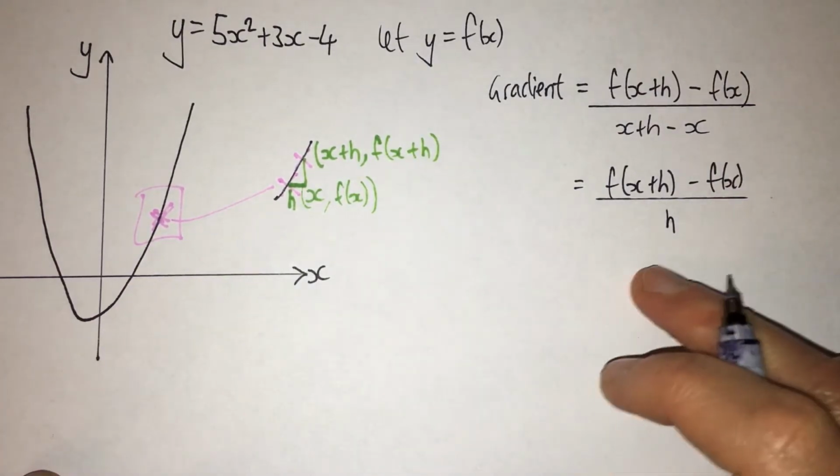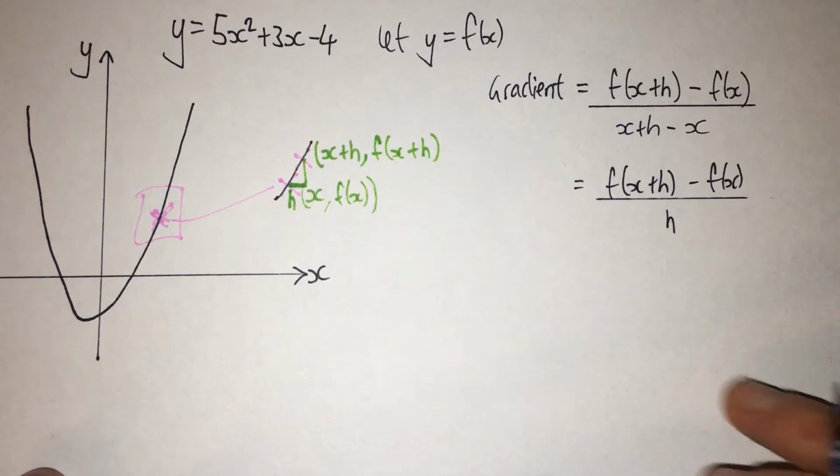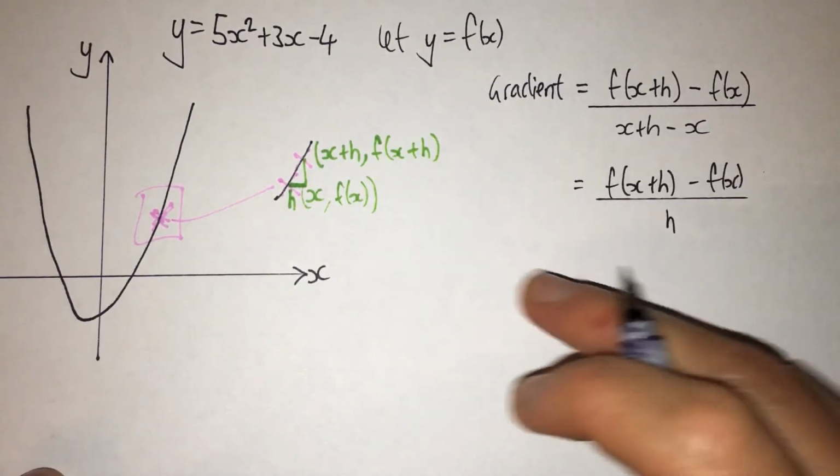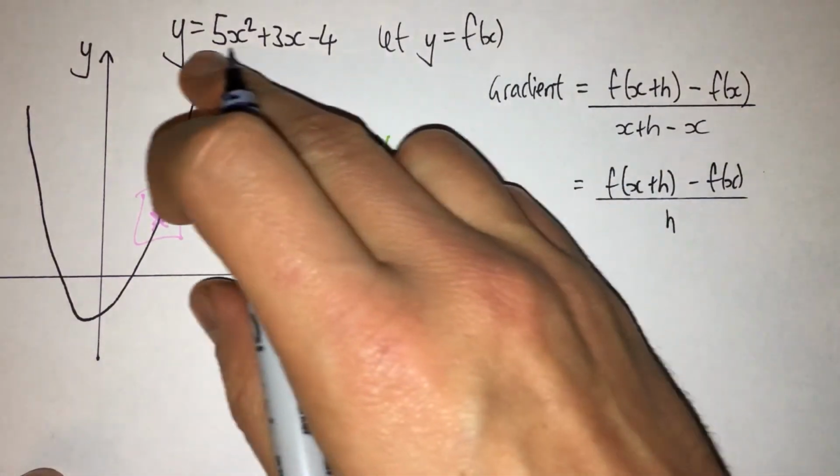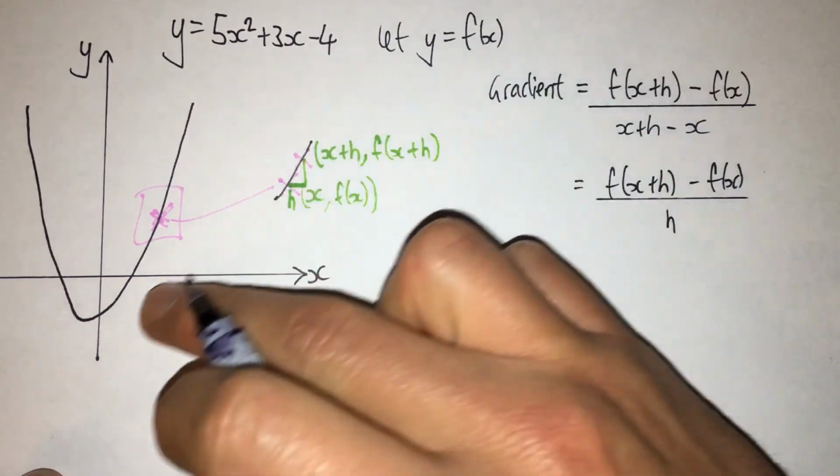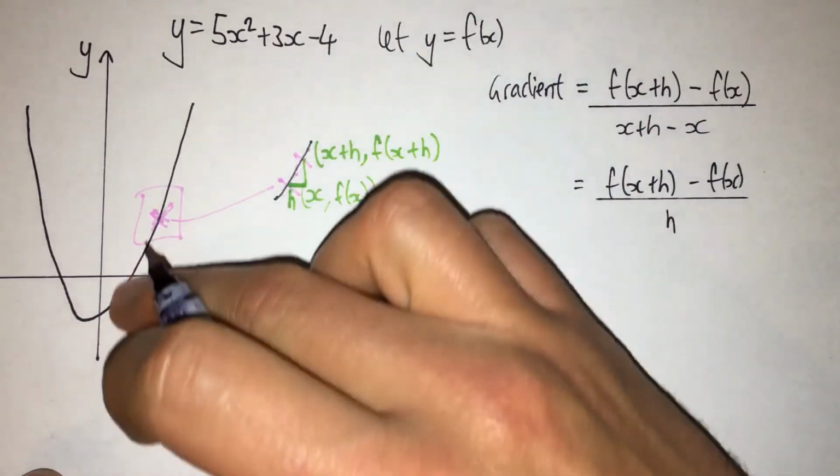Now, this is a really interesting result, and we're going to use this to work out a gradient function, that is, a function that's going to tell us the gradient at any point on this line.